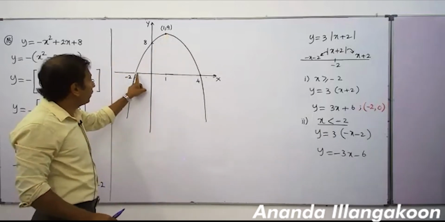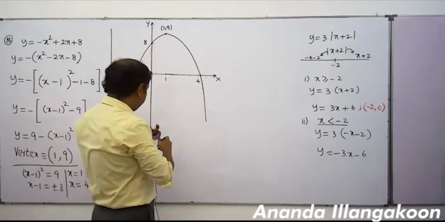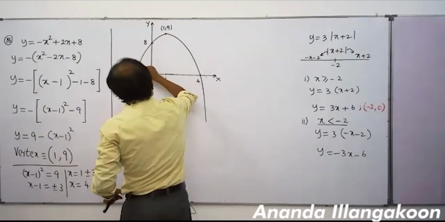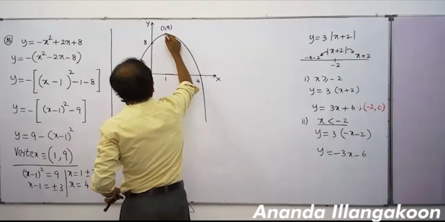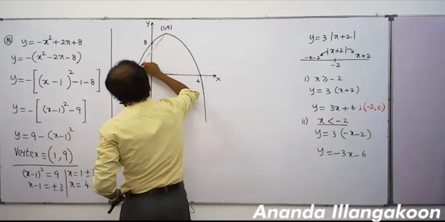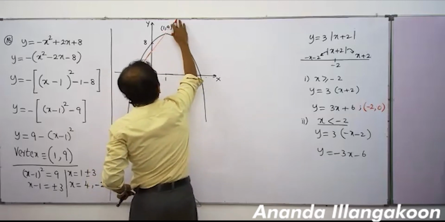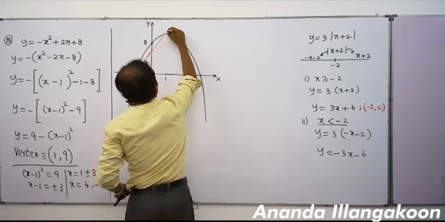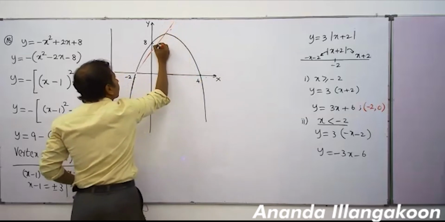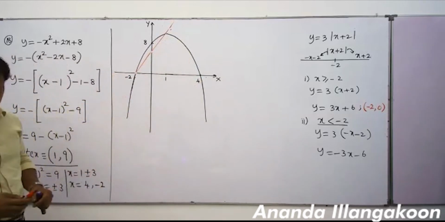Therefore, to draw that line, join this point and this point and produce the line upward this way. Can you see that clearly?